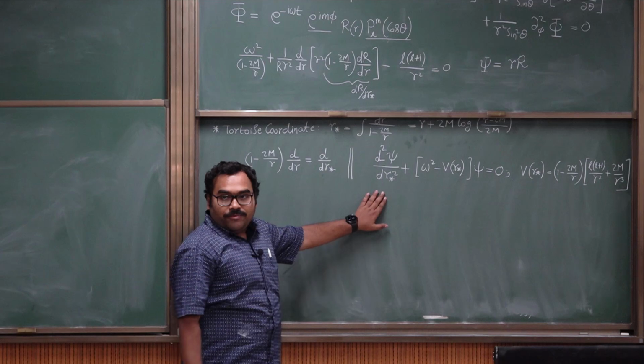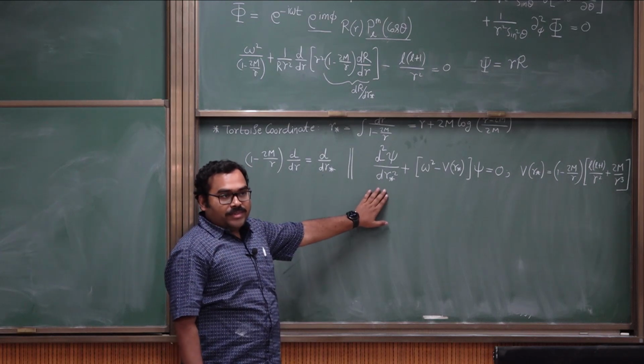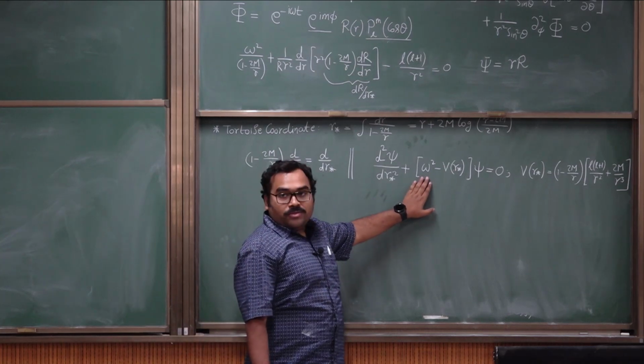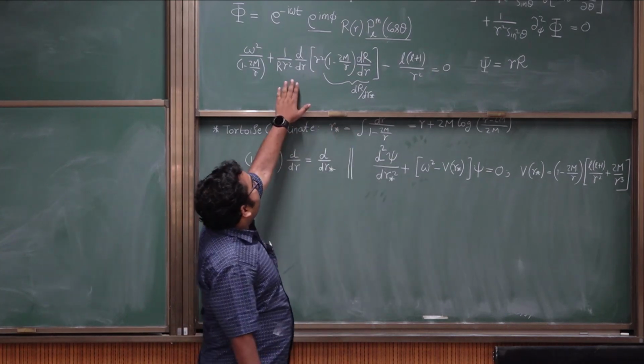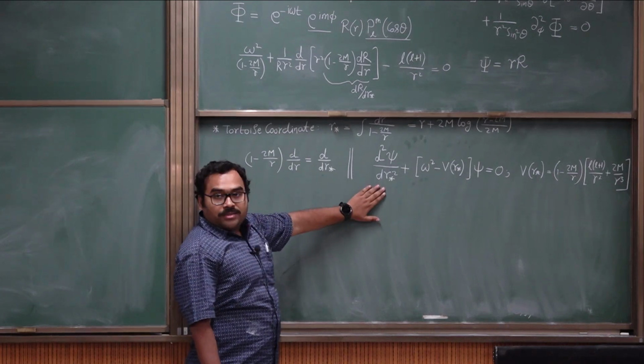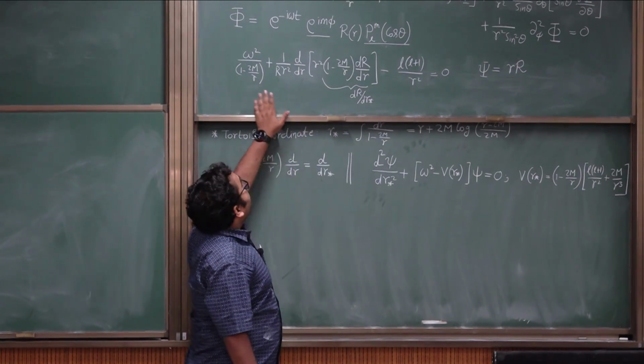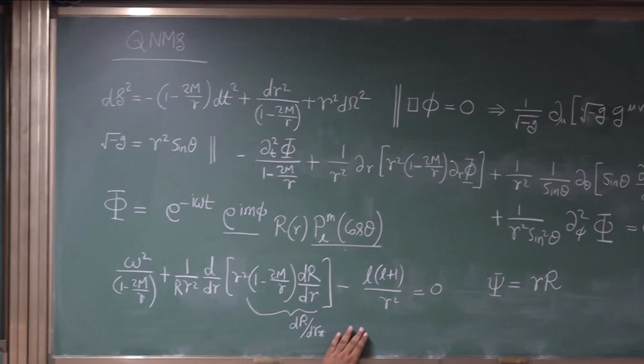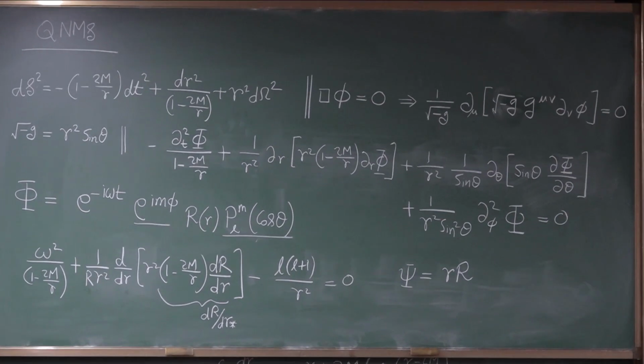So you see, this is the form which is after. You have the second derivative term d2 psi by dr star square, then you have plus omega square minus V, which is easy to see. This is the term which gives rise to d2 psi by dr star square. You already have a plus omega square which is present over there. Then L into L plus 1 by r square is there.